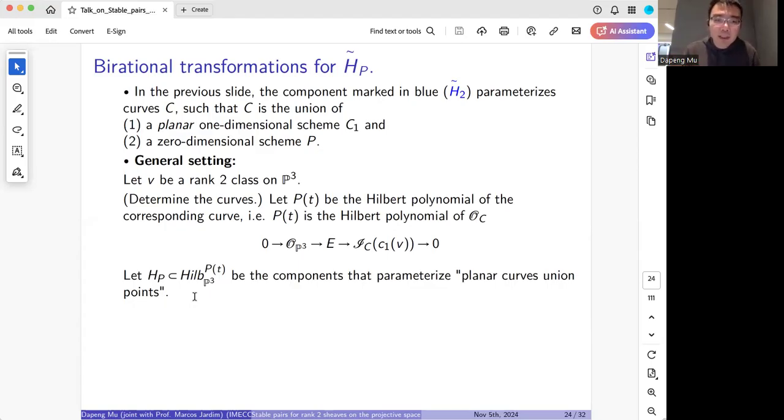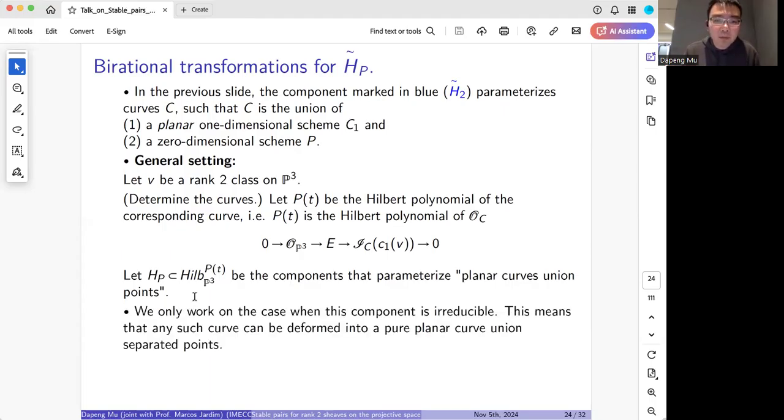In general, this HP might contain more than one component. But in our work, we only focus on the case that this component is irreducible. In other words, we only consider the case that any curve with points can be deformed into a pure curve with some separated points. So this HP component that parameterizes planar curves union points is irreducible.